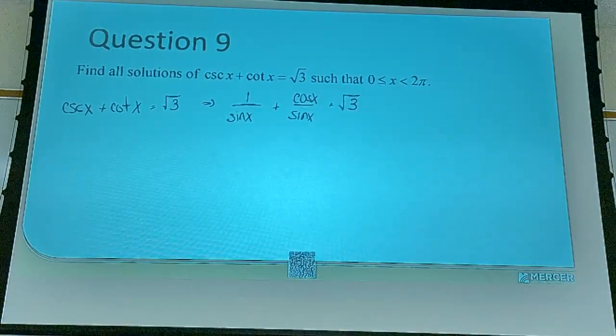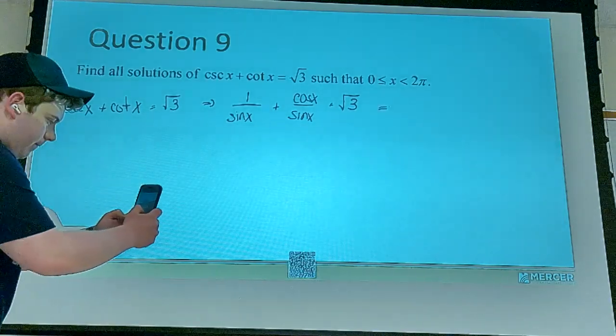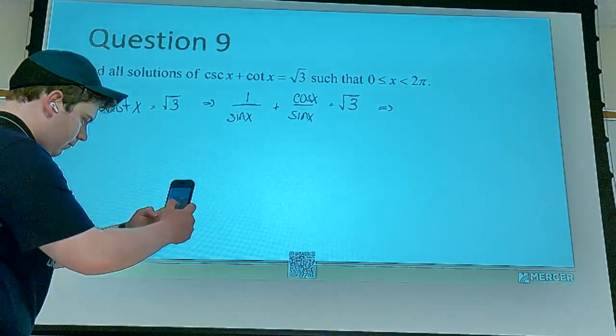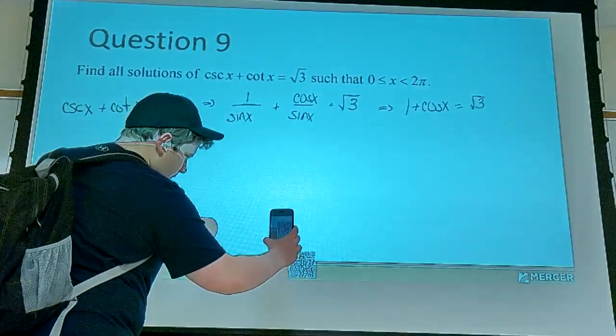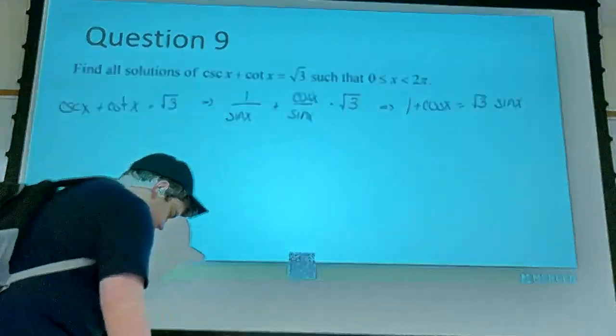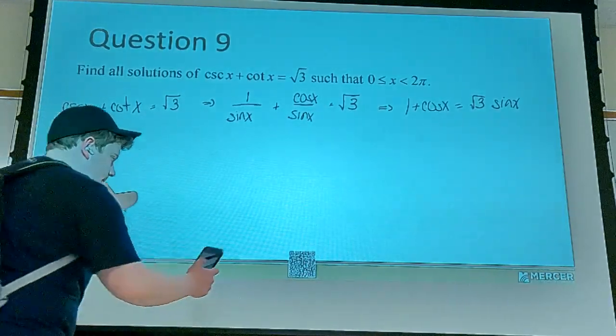Cosecant's 1 over sine, right? Cotangent, cosine over sine. Multiply through by your LCD, which is sine of x.